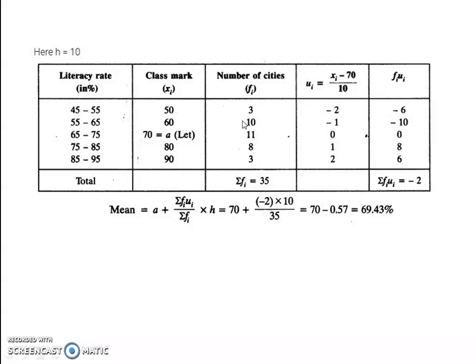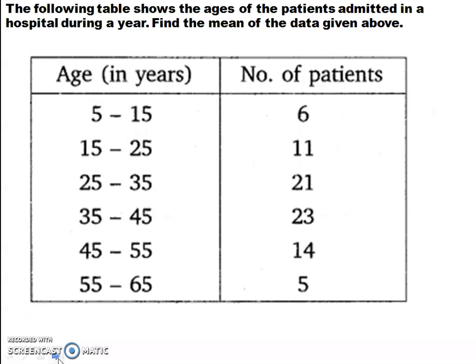Okay, add these two. Then the mean is a plus summation fiui by summation fi into h. That is, here it is minus 2 by 35 into h. What was h? h is 10. Substitute the values and you will get the mean as 69.43.